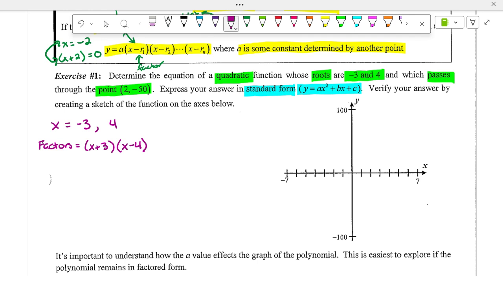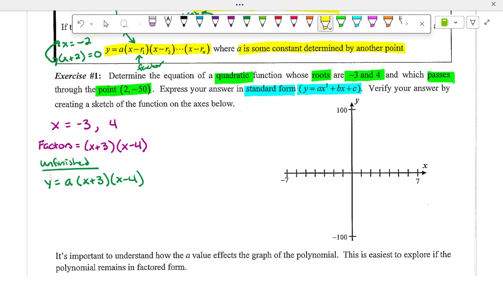So my unfinished factored form, and I call it unfinished because we haven't found the a value yet, would be y is equal to a times x plus 3 times x minus 4. So this is the unfinished factored form.